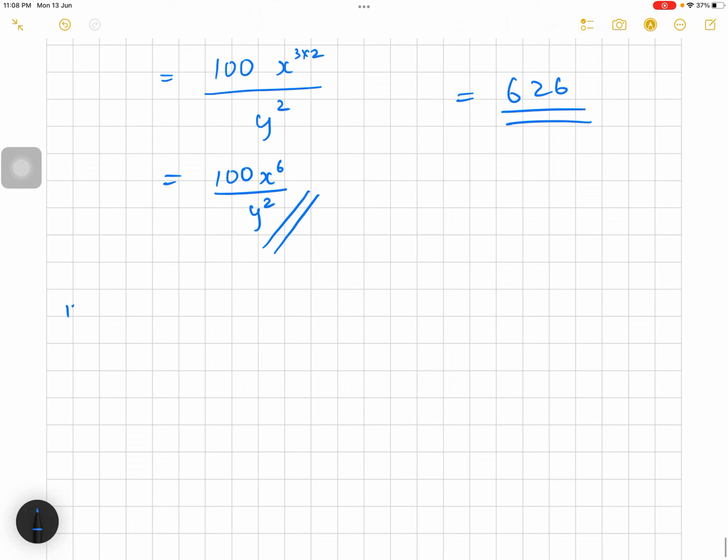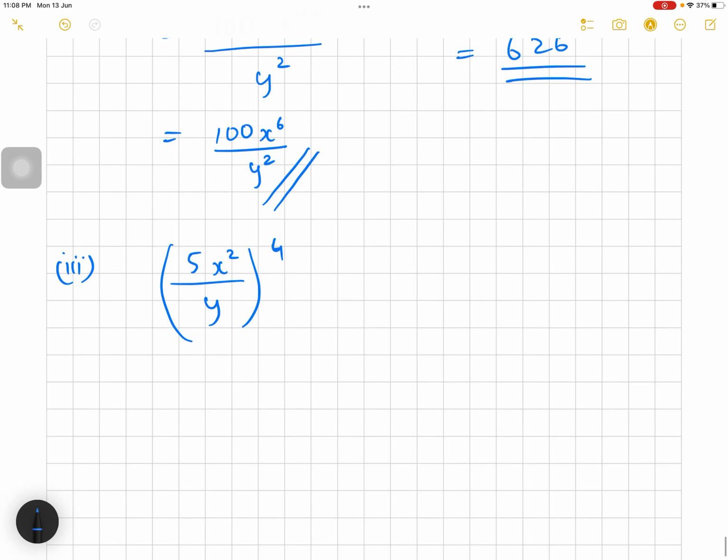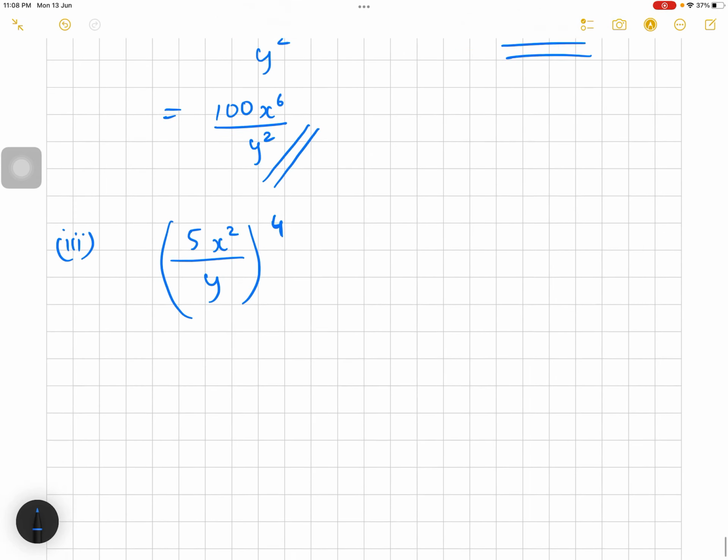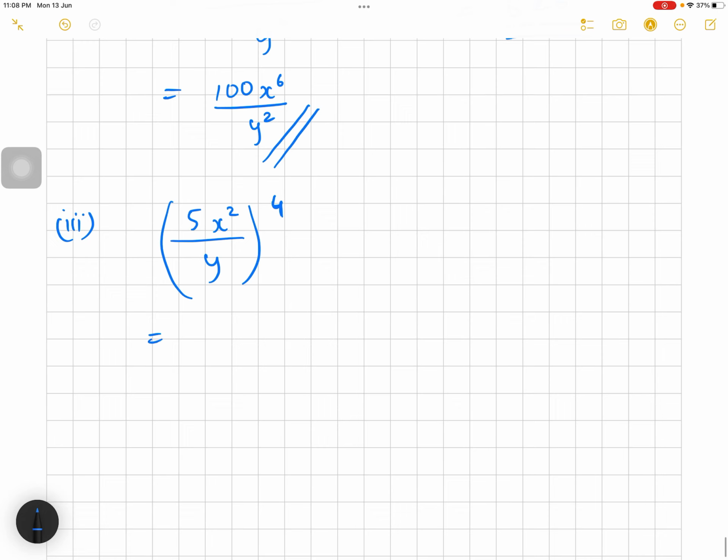So next problem, the third one. 5 x raised to 2 upon y, the whole raised to 4. Okay, so I'll open the bracket.